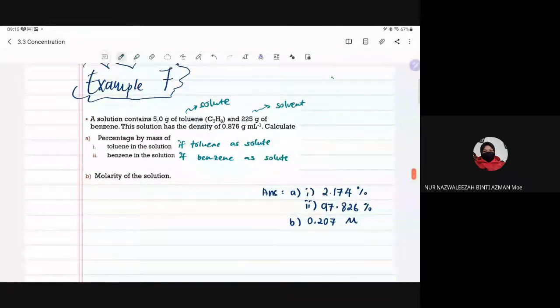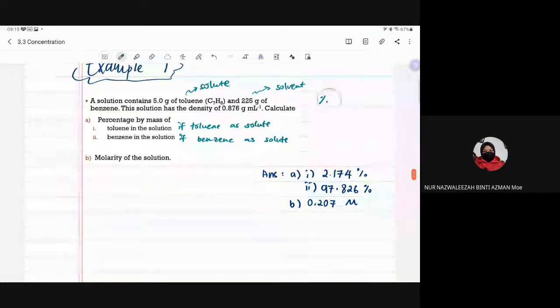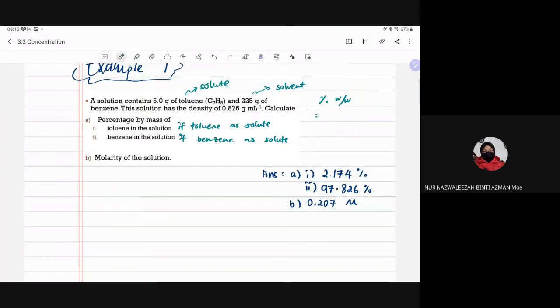Dan kita kena ingat, kalau kita tengok formula percentage by mass sama dengan mass solute over mass solution darab 100. Okay. Jadi, kalau kita kira toluene ni, yang ini kita akan dapat automatically 100% tolak yang atas. Okay. So, kalau kamu tengok jawapan dia kat sini pun, 2.174 tambah dengan ni akan dapat 100%.